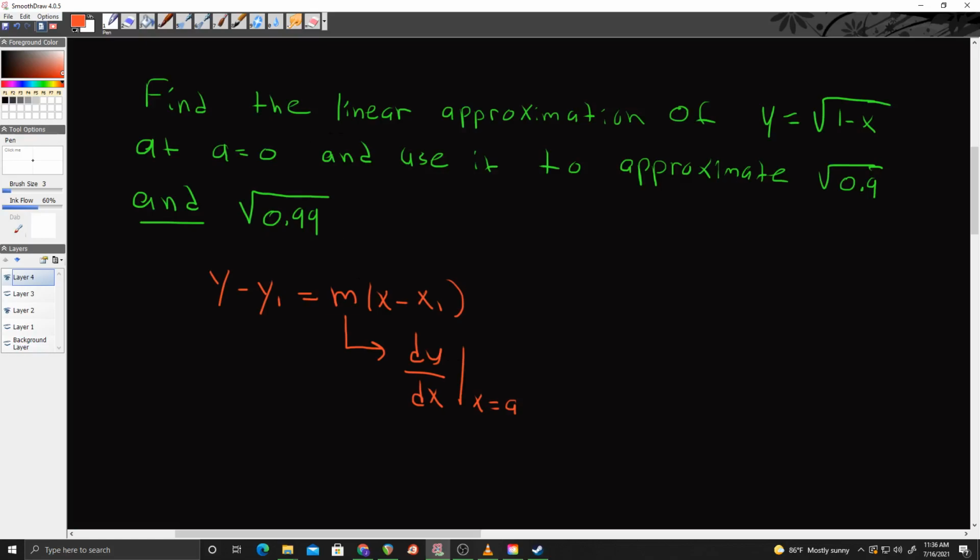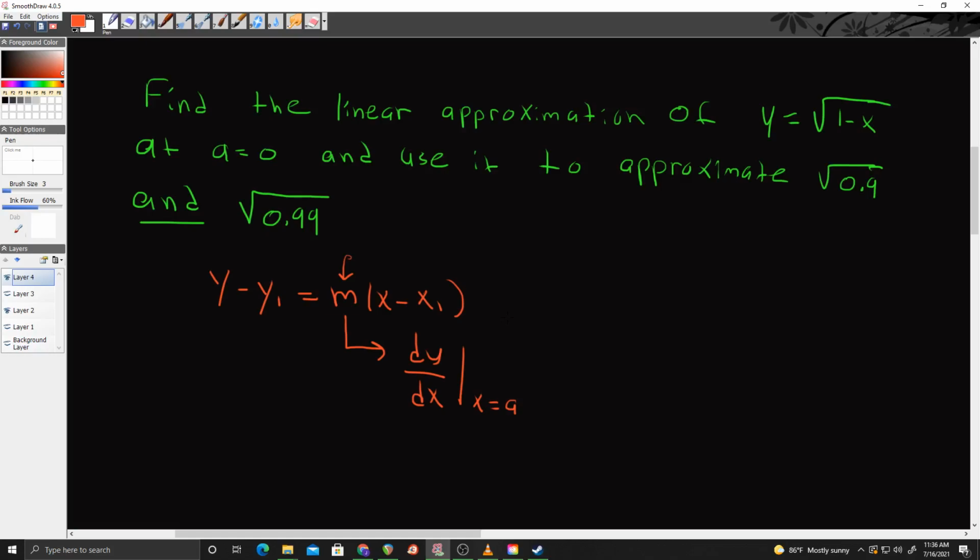Anytime you're asked to do a linearization problem or a linear approximation problem, they're the same thing, we will always need the information for the derivative because that is the slope. So slope or derivative information, same thing there.